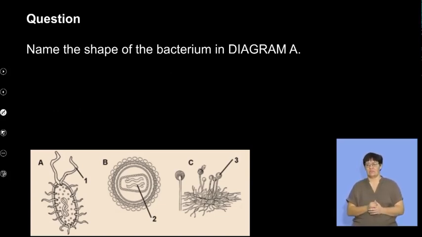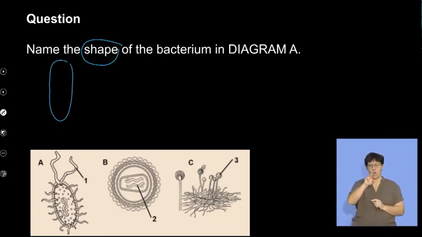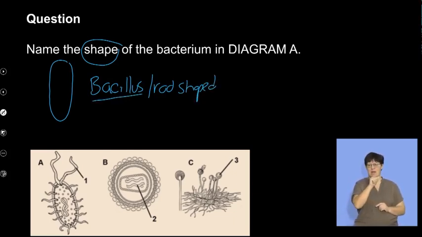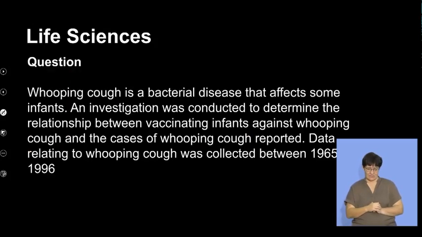Now again, name the shape of the bacterium in diagram A. A nice little clue here: if you didn't know it was a bacteria, they actually gave you the answer. And remember, bacteria have shapes. This is a rod-like one, and we call it a bacillus, or a rod-shaped bacteria. But we do prefer if you were able to give its scientific name.